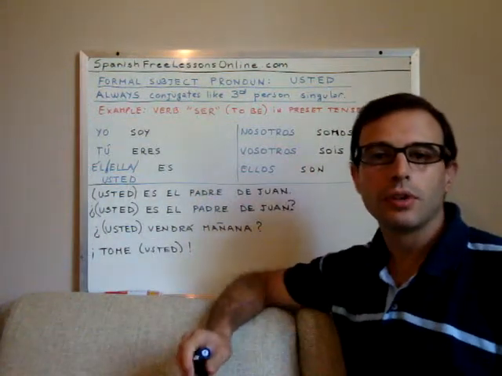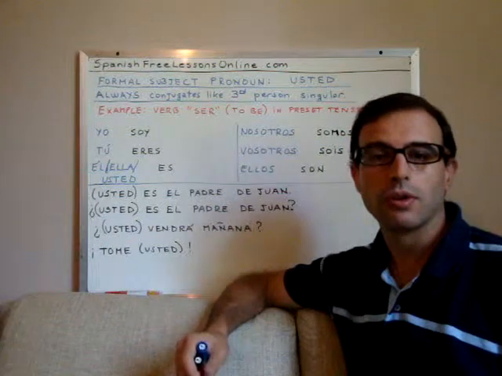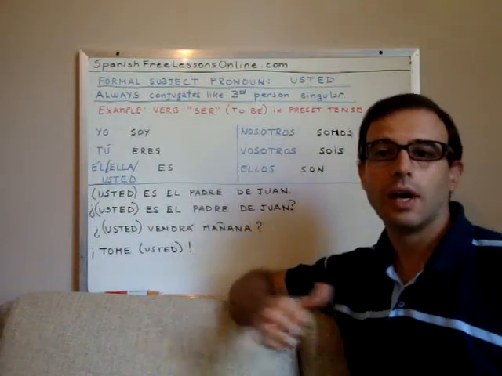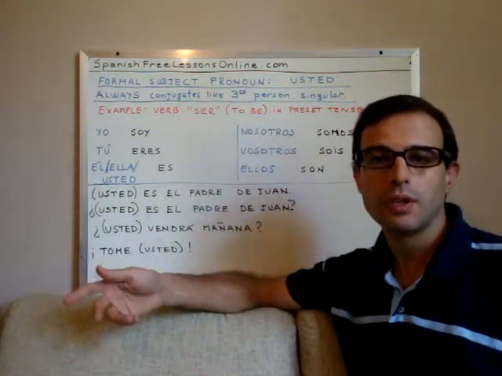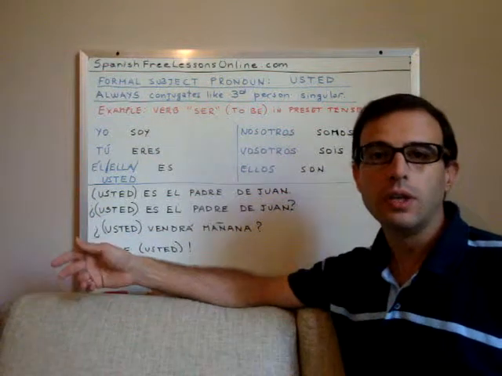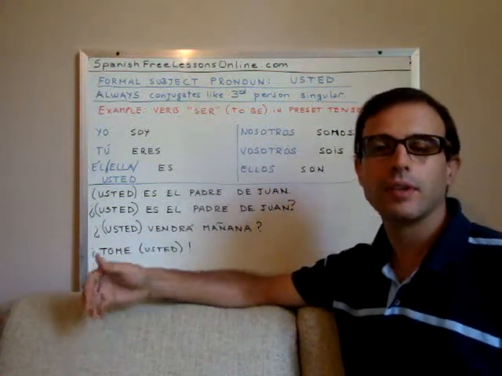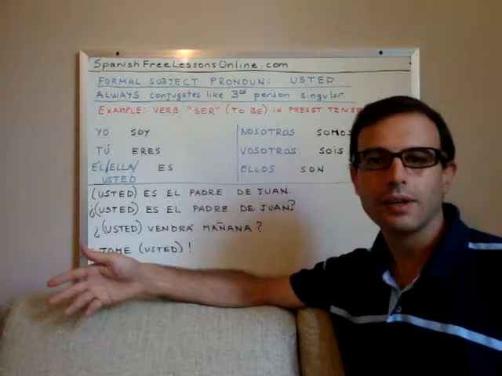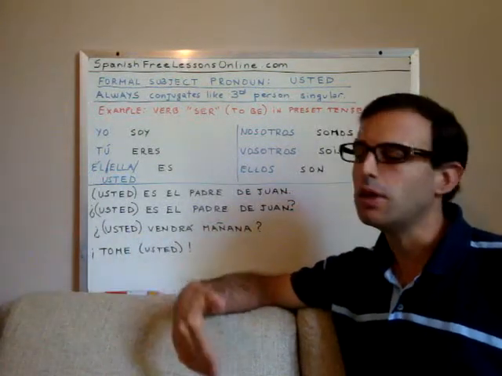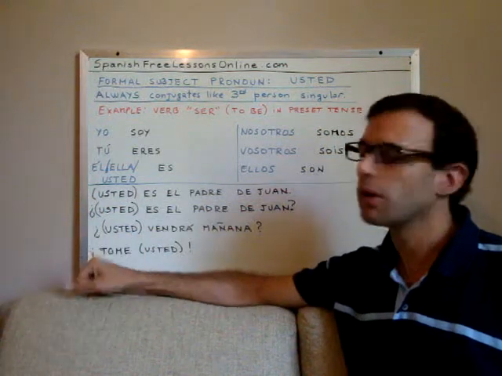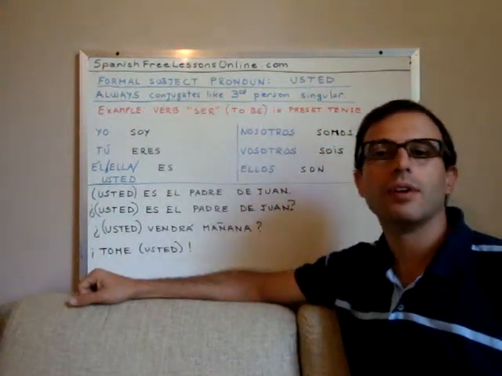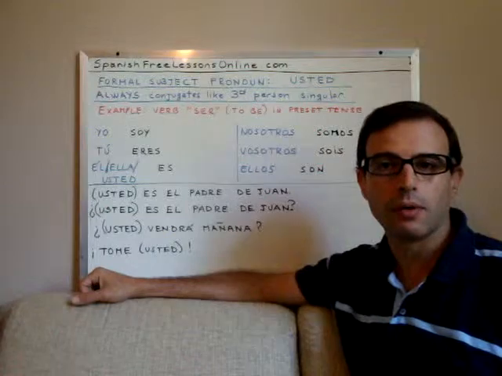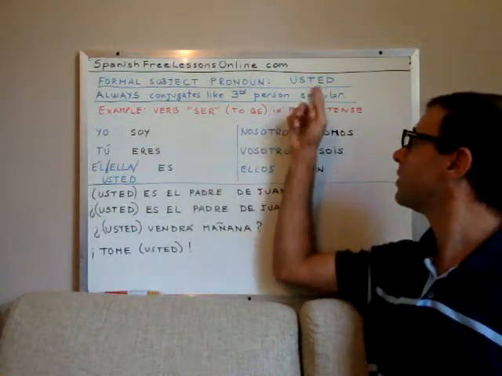We learned the different subject pronouns, the common ones, like I, you, he, she, we, you, they, right? This is yo, tú, él or ella, nosotros for we, vosotros, ellos. But we missed the formal subject pronoun, that is usted.